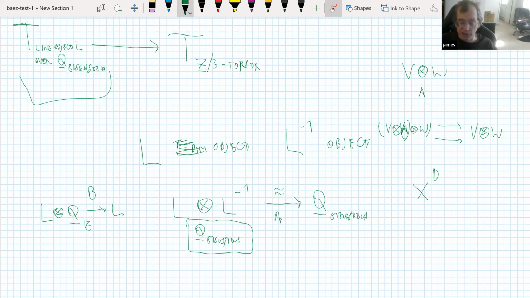Just to remind ourselves that we're really trying to look at the group Z mod 3, treating it in this very, quote, doctrinaire way, this very Tanakian way. We're really studying this group Z mod 3 according to this Tanakian philosophy, taking its representation category, which is surprisingly interesting because we're working over the rational numbers rather than over the complex numbers.